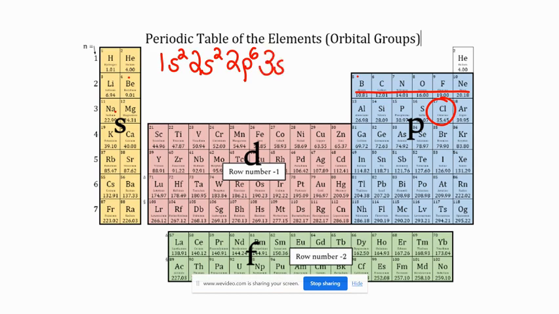And how many electrons do I need? All right, I come over here. What is my N value? 3. What block am I in? P. And how many electrons do I need? 5. 1, 2, 3, 4, 5. That is the electron configuration for chlorine.